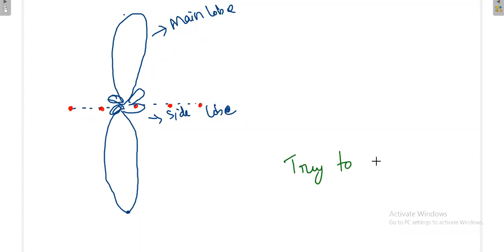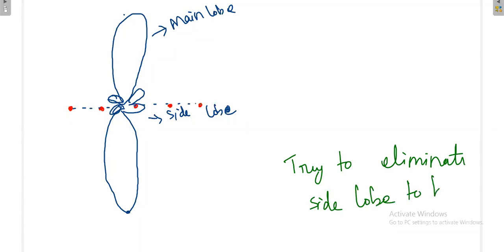In general, try to, but there is no other way to go. Definitely some side lobes will be there. Effective communication means your aim is to concentrate the power only on the main lobe.